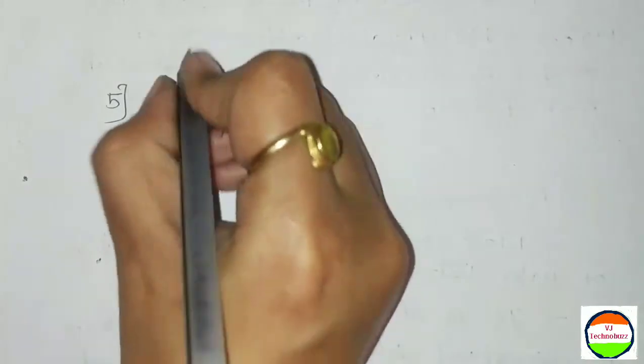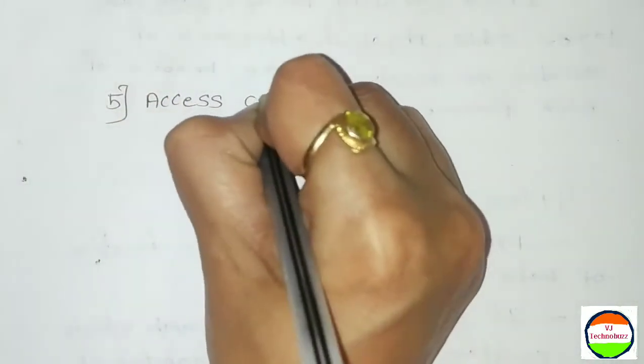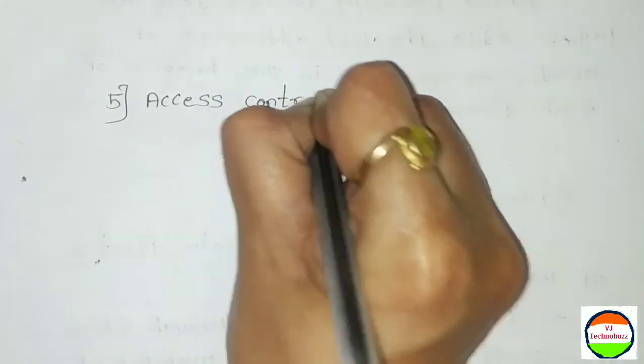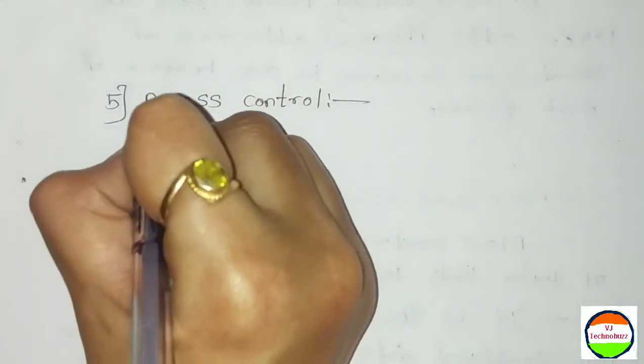The next function of the data link layer is access control.